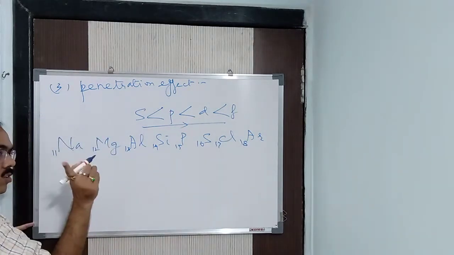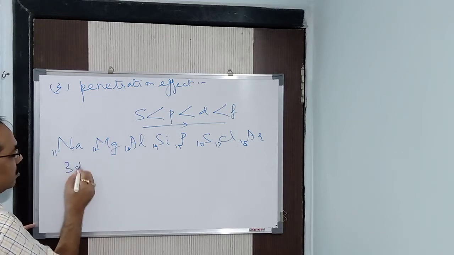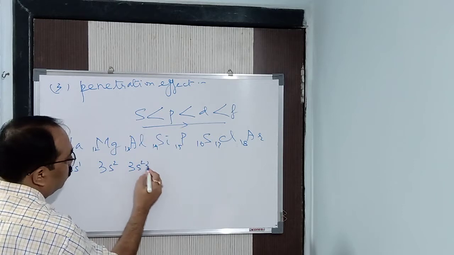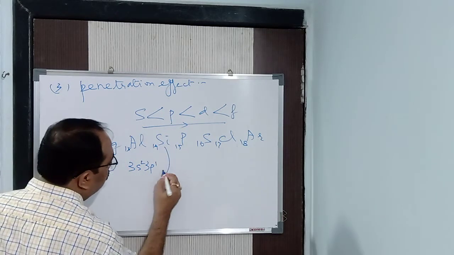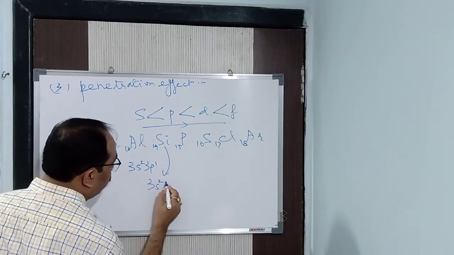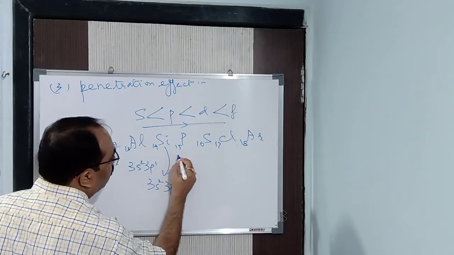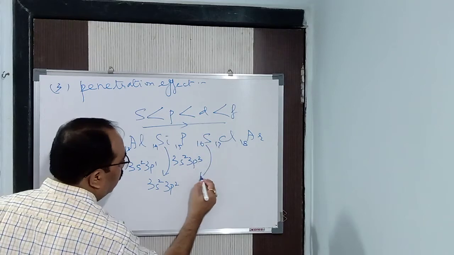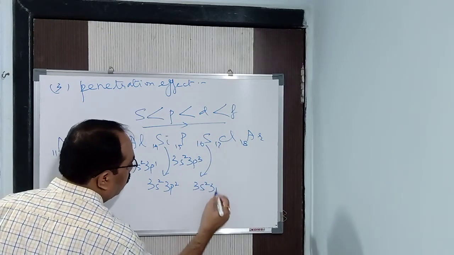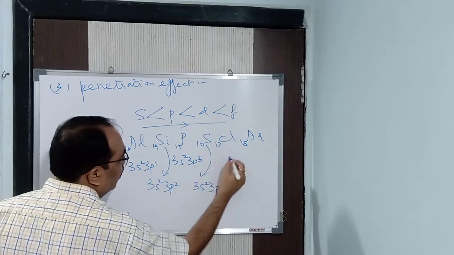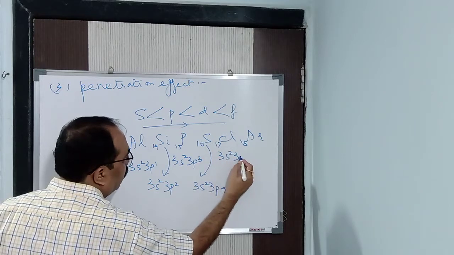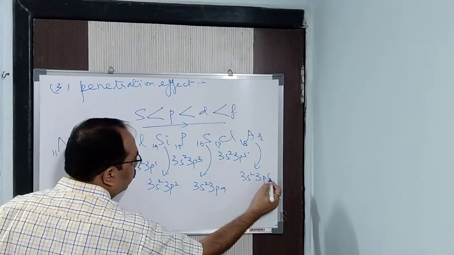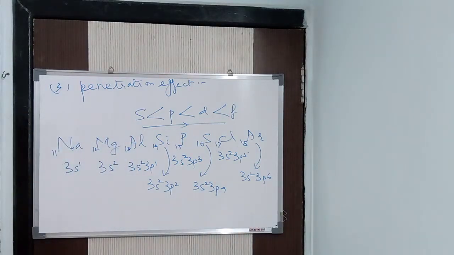Now only the outermost configuration I require here: 3s1, 3s2, 3s2 3p1, 3s2 3p2, 3s2 3p3, 3s2 3p4, 3s2 3p5 and 3s2 3p6. I have written the outermost shell configuration.